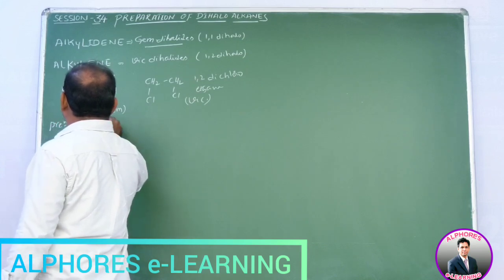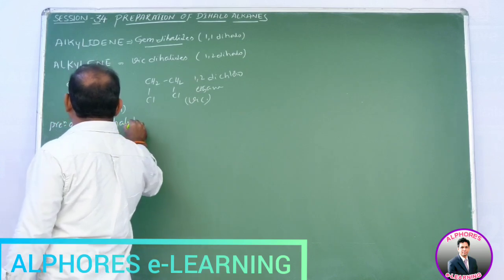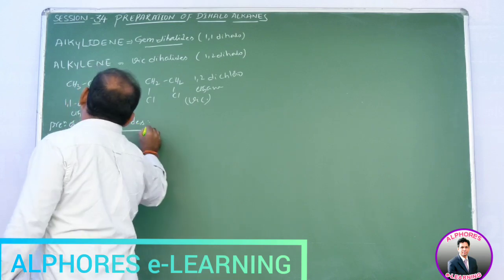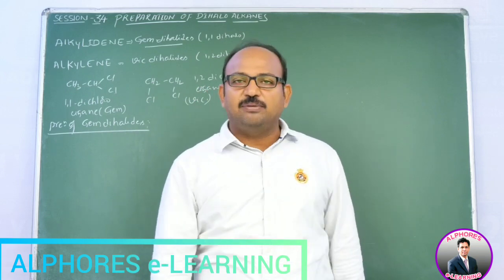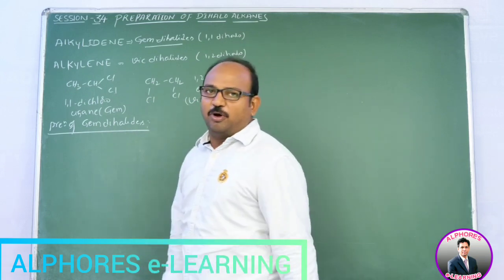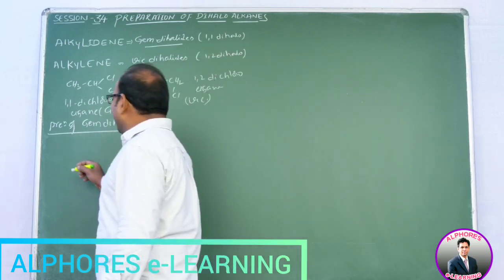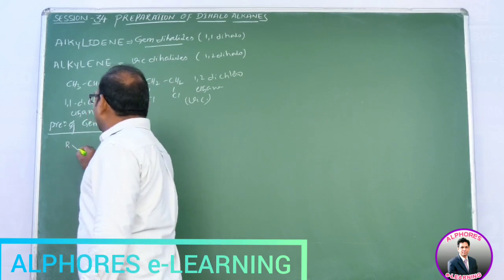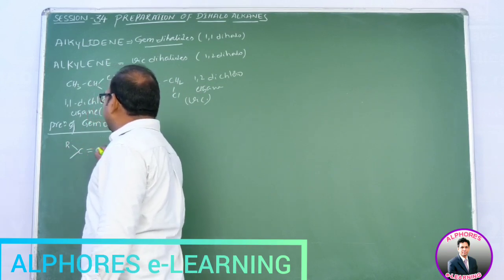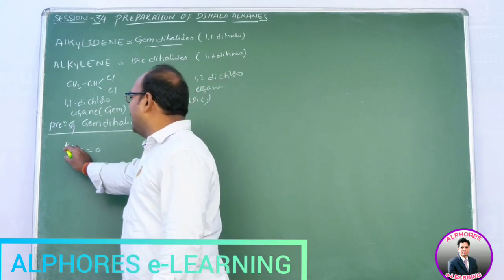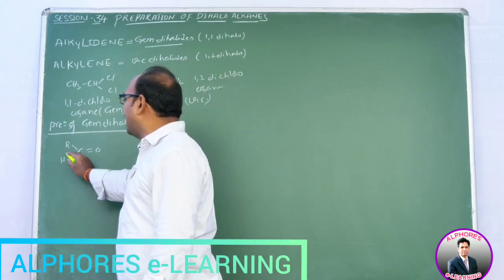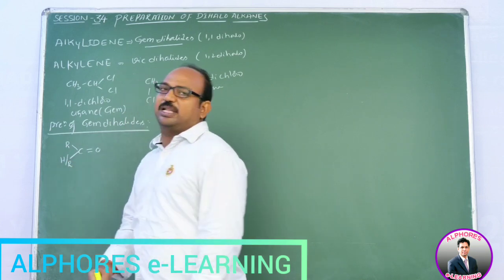Preparation of geminal dihalides: the reaction is by the action of PCl5 upon carbonyl compounds. As we know, carbonyl compounds are those compounds which have the C=O functional group. Along with the C=O, the remaining two valencies are satisfied with one alkyl and another either hydrogen or alkyl.